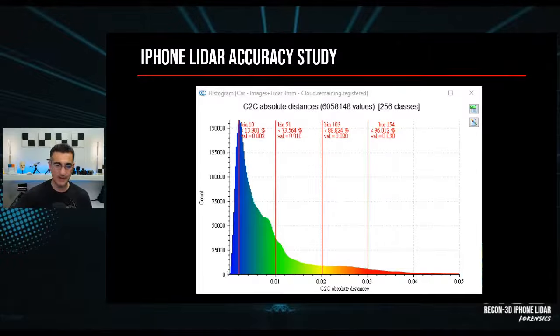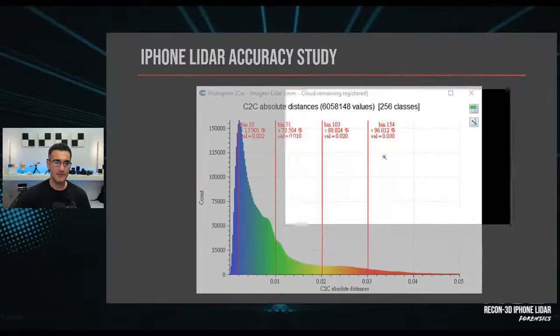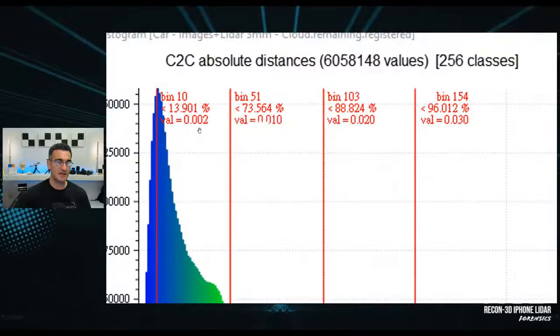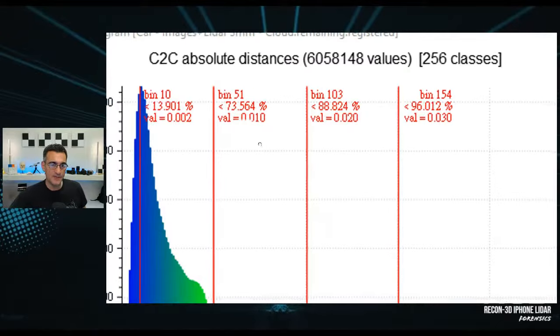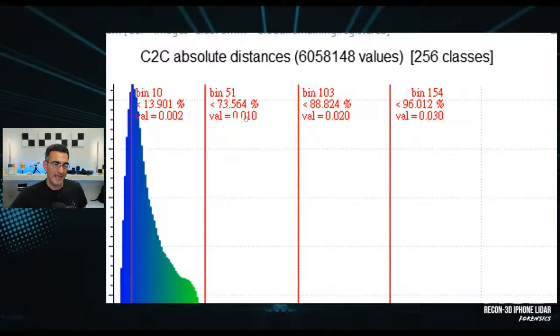So one way to look at the overall errors is to consider how many points fall within a certain range of error. If I jump into the top here, you'll see that at this peak up here, we're at about 2 millimeters. And what it tells me is that about 14% of the points are within 2 millimeters of each other. And as I move forward, it says that at a value of 1 centimeter, about 73.5% of the points are within 1 centimeter deviation.